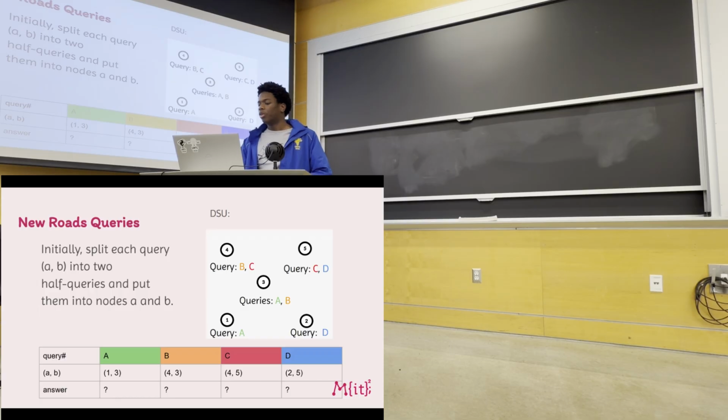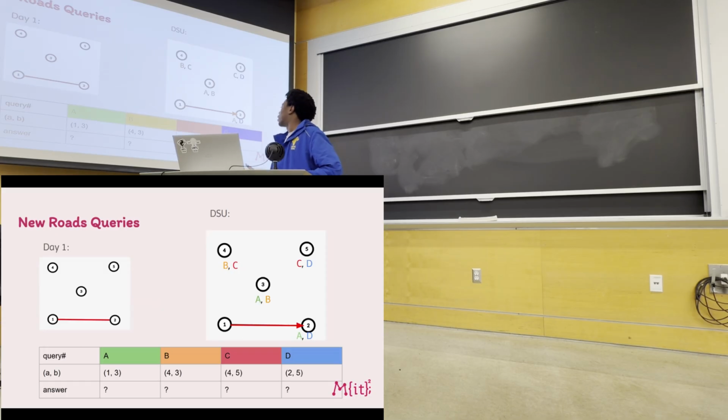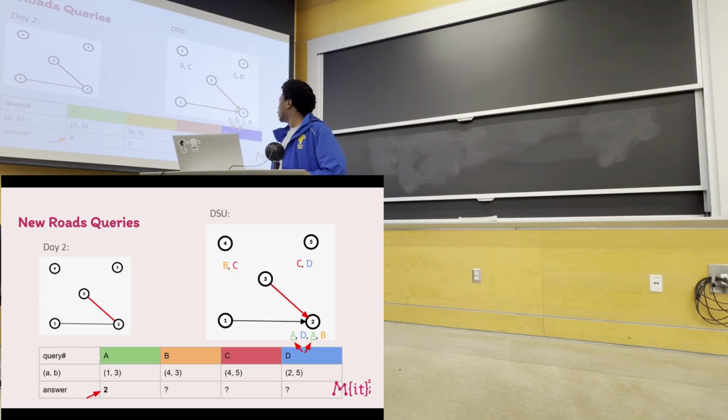For example, here everyone is just a leader for itself, if you were here for last lecture. But as you move forward, 2 becomes the leader of the bottom connected component, and it sees that it's involved in query A and query D, as it contains node 1 from query A and node 2 from query D. This allows you to just do set merging.